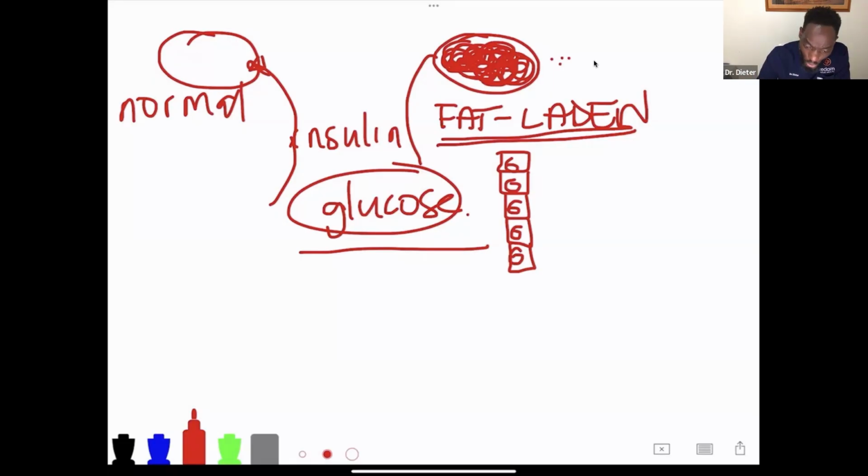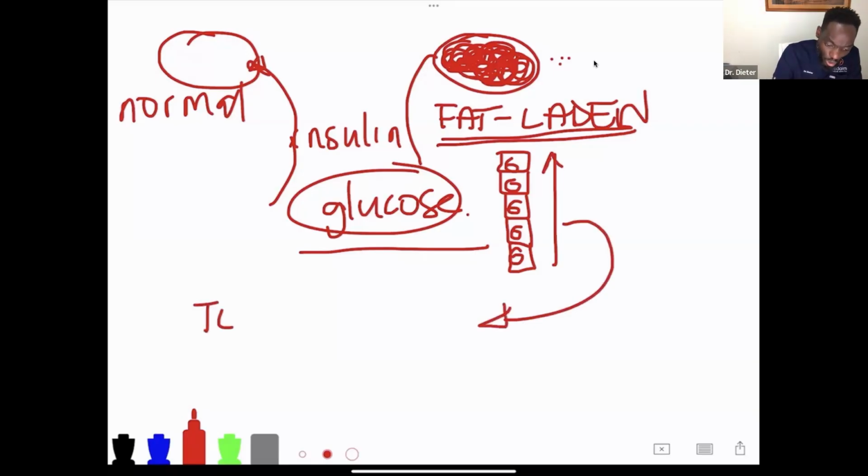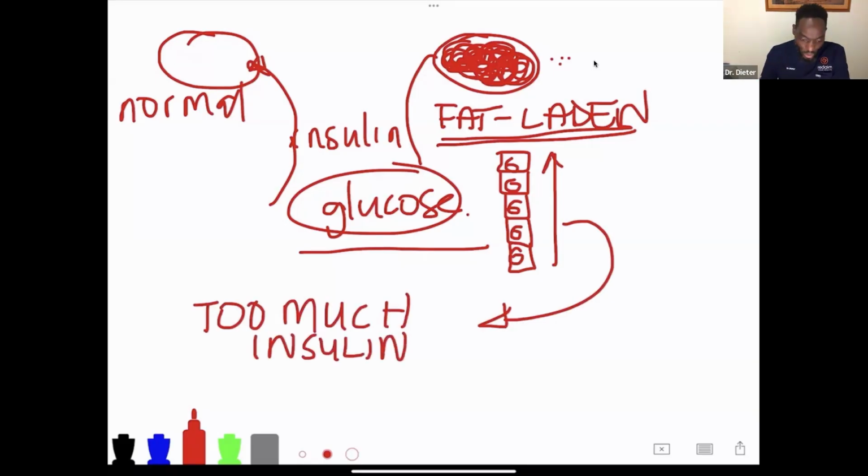So when glucose accumulates in the blood, it triggers the pancreas to produce too much insulin, a higher amount of insulin to address the glucose load. We're going to produce much more insulin to try to force this glucose, which is accumulating in the blood, into the cell. Now, that results in the second way in which you develop insulin resistance, where your insulin is not working.